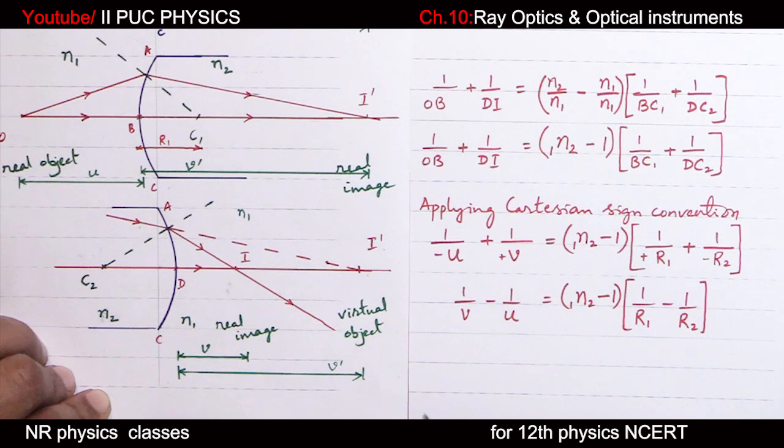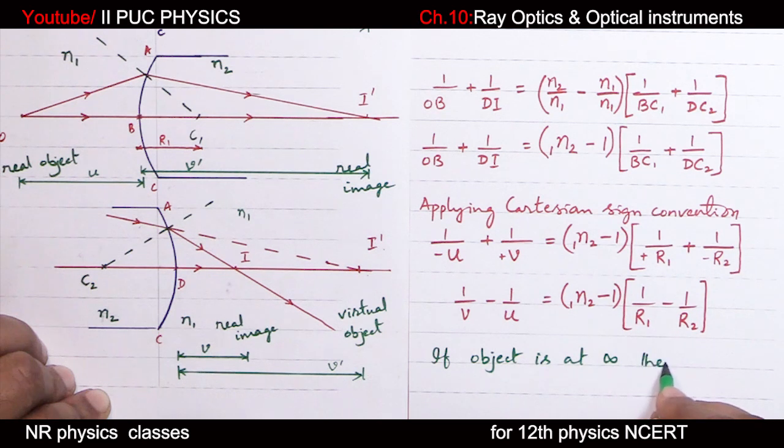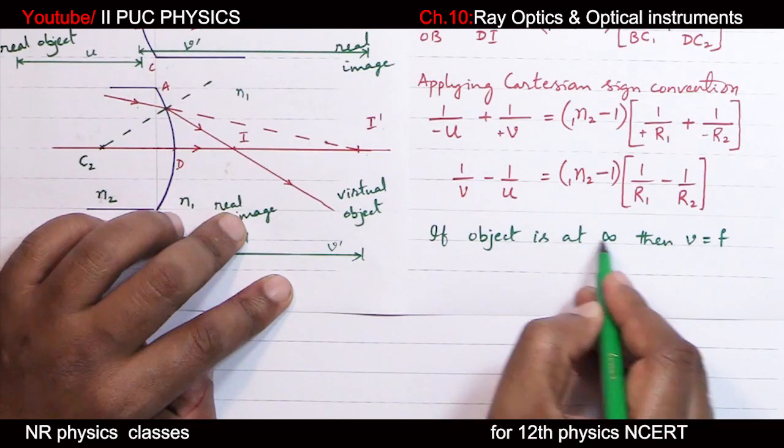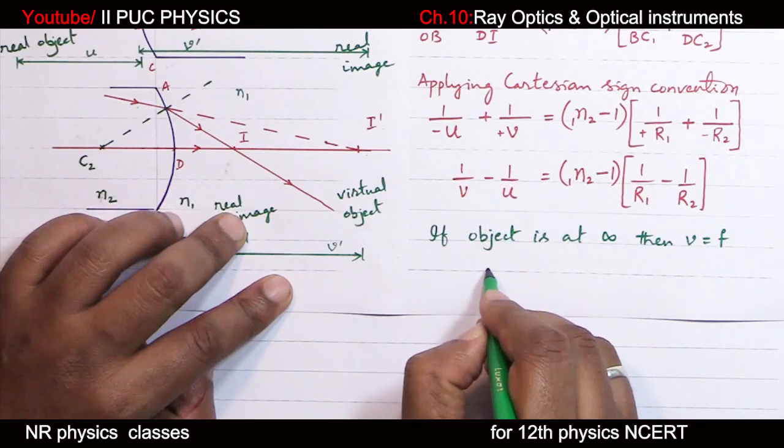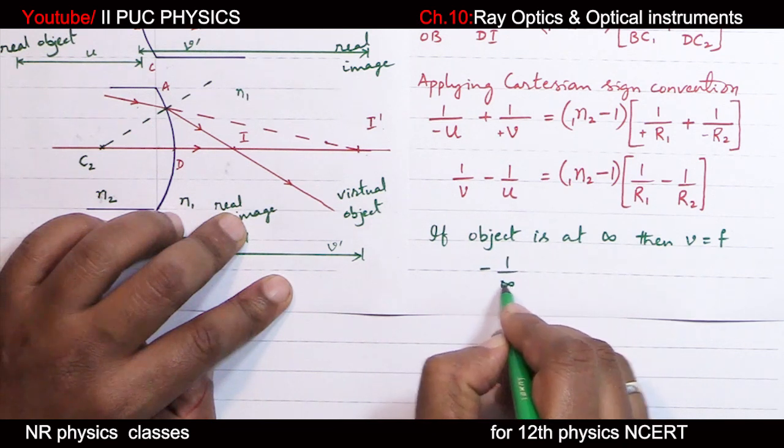If the object is at infinity, here is a tricky part. If the object is at infinity, then image distance equals focal length. Object is at infinity means object distance is infinity, minus 1 by infinity.